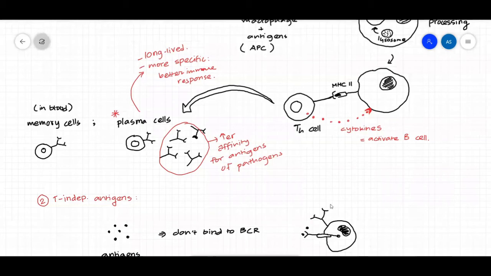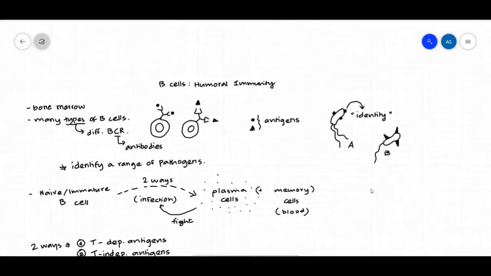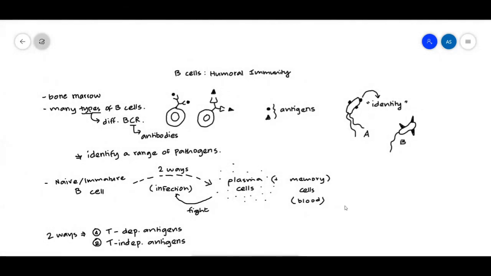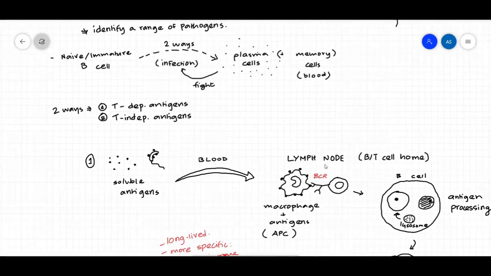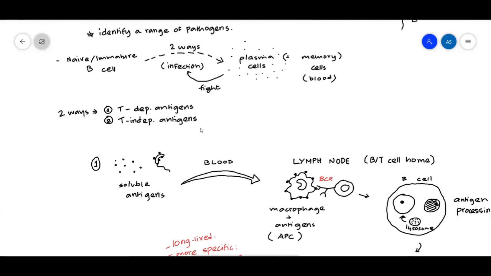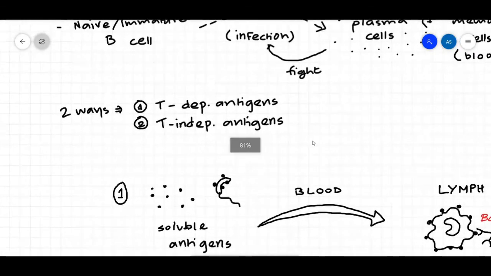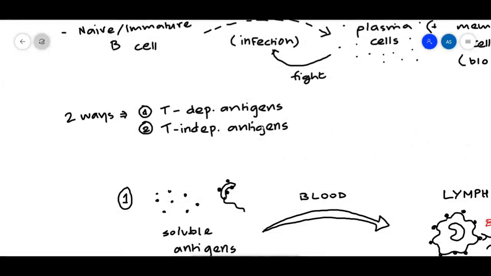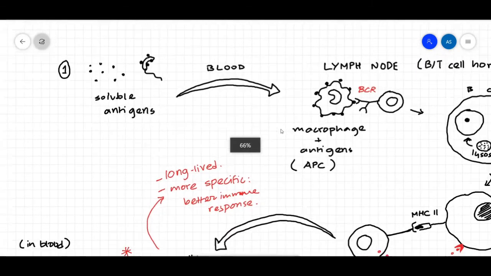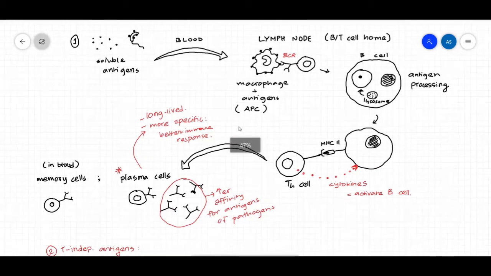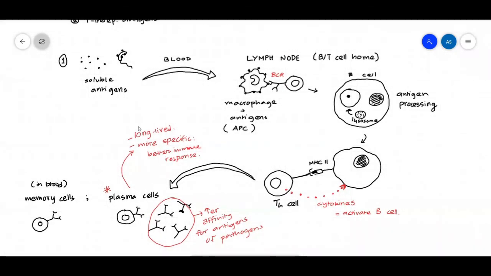And that was all for B cell activation. Just for a recap, there are two ways in which you can activate B cells. You have T-dependent antigens and T-independent antigens. When we take a look at the dependent antigens, we start with soluble antigens that can travel through blood to the lymph node, where we have a high concentration of B and T cells.